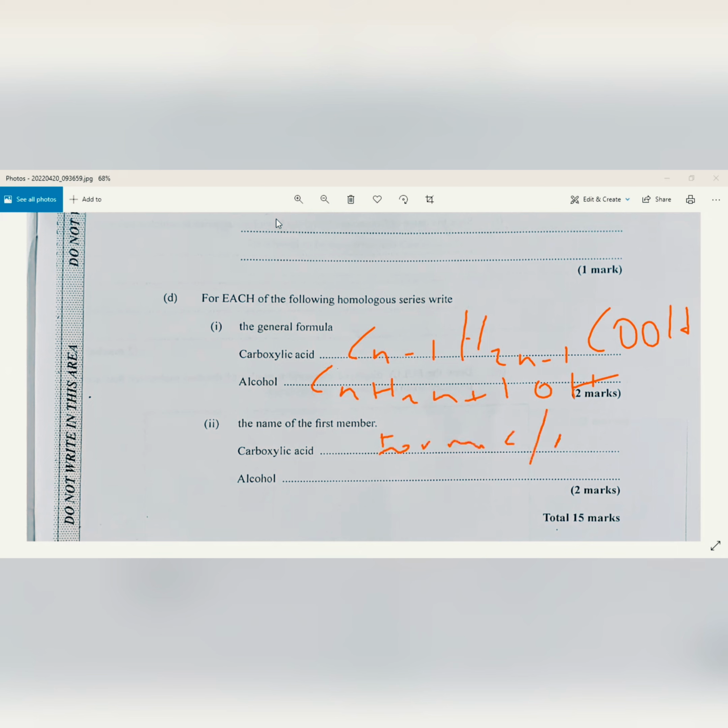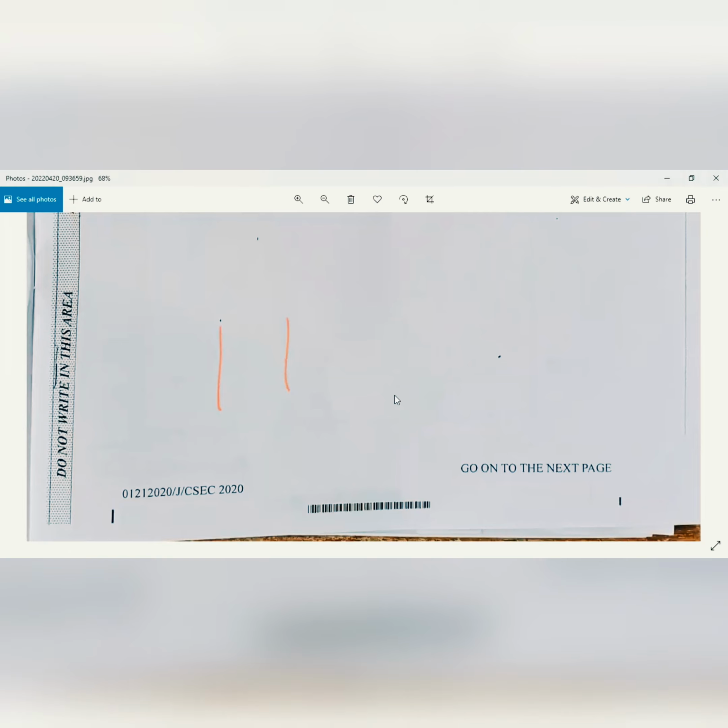Or methanoic acid, which is the new name, methanoic. Okay, and then now the first name of the alcohol would be methanol. All right, so that's the first member of the group. Each of them have a 1 carbon species. All right, so we will proceed now. Okay, so there you go, and that's for 2020.